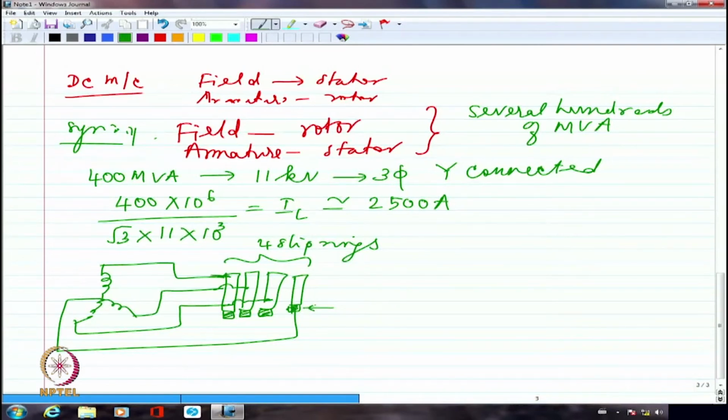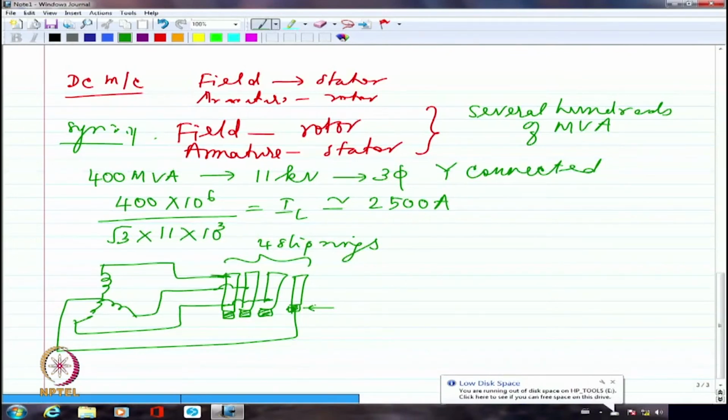So 4 slip rings, 4 brushes, along with that, moving contact, there can be a huge opportunity for sparking. So the construction becomes much more strenuous and cumbersome when all 4 conductors are brought out to the external world through the slip ring and brush arrangement.